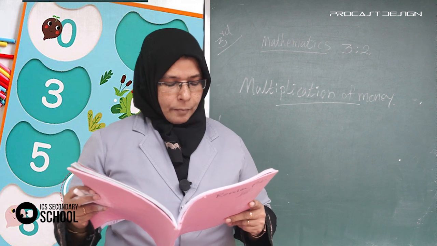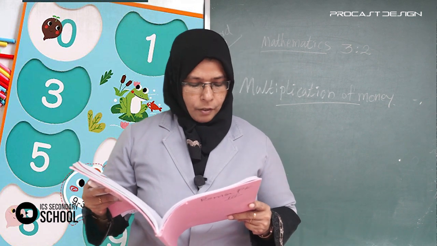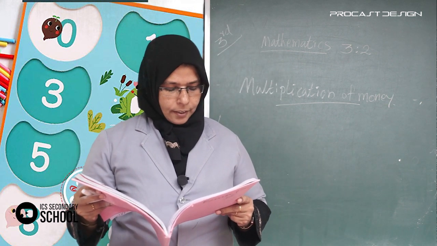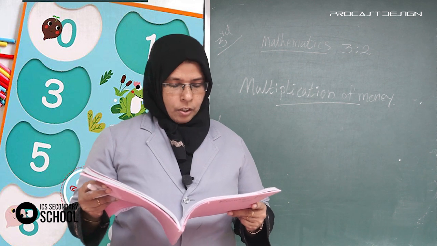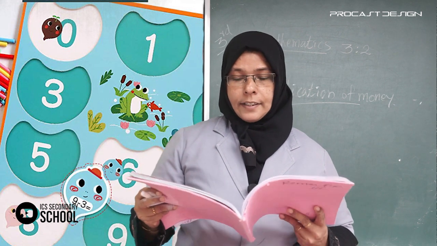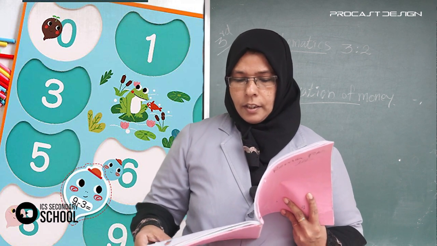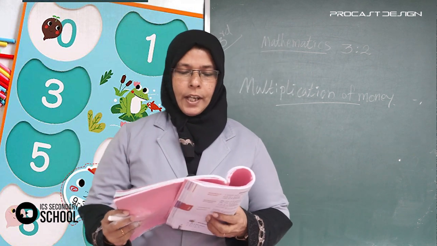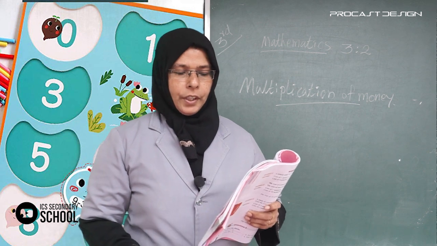And there are some exercises. Exercise number 5. Fill in the blanks. All of you fill in these blanks in your textbook and rewrite in your notebook. And B, multiply the following.